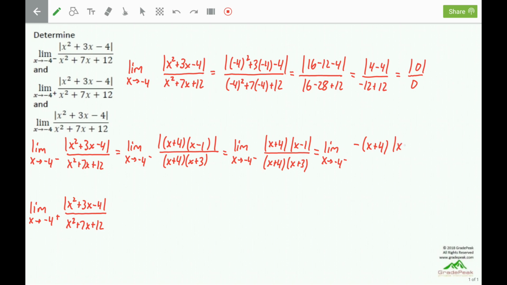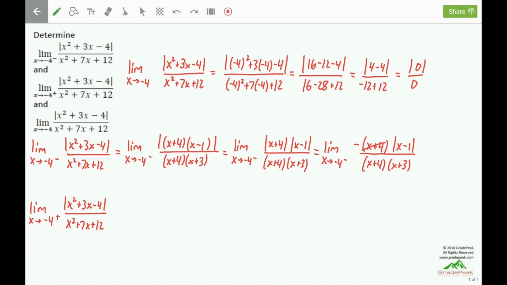The x minus 1 is not making a 0 in the absolute value as x goes to -4, and therefore we retain the absolute value symbols around the x minus 1. In the denominator we have the x plus 4 and we have the x plus 3. We have the 0 over 0 indeterminate form here, but we can easily see the factor that's making the 0 over 0 as x goes to negative 4.